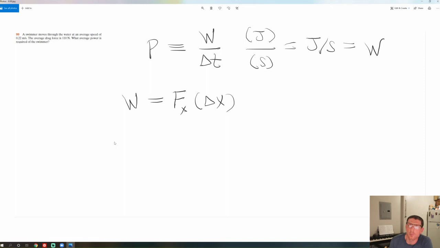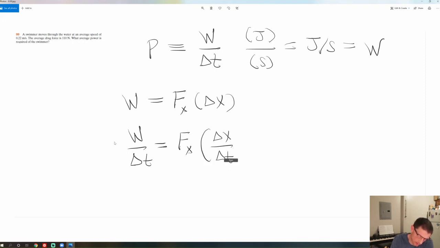And what we can do is divide both sides of this by delta t. What we find is that we already stated that power is the time rate of work, so we can rewrite this simply as P. And here, we can rewrite this as F sub x.